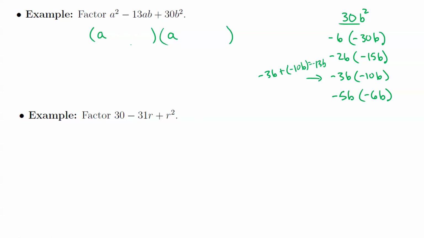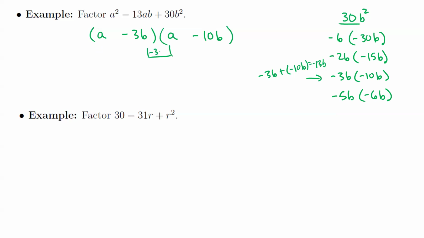That comes from us actually multiplying first, or excuse me, multiplying outside times inside and then adding. So here's what that looks like. -3b minus 10b.